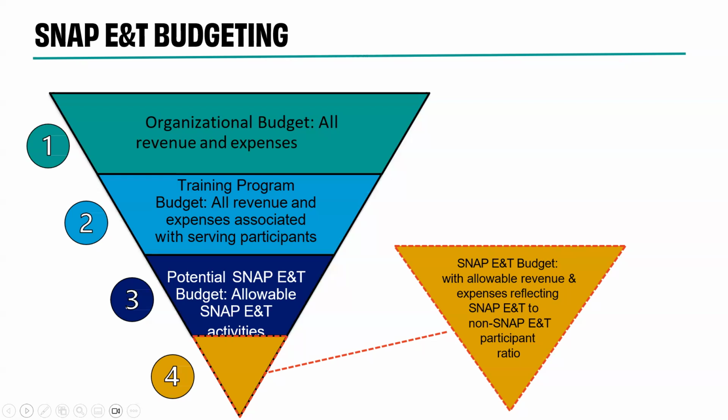And then finally, identifying the employment and training revenue and expenses that reflect the activities that you're providing to your non-E&T participants, which then reflects your E&T client ratio percentage, which then is applied to your overall costs.